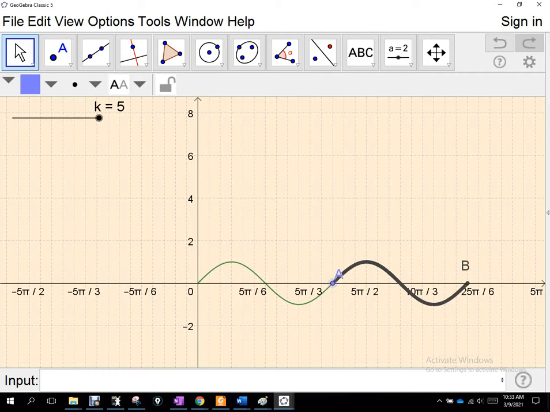The black one is a second period of that curve, and it would be analogous to a second revolution around the unit circle. And we could keep doing that as many times as we need. As I keep moving A along this, now the black curve is going to repeat B over here. And eventually, that would get me that curve right there. Does that kind of make sense?